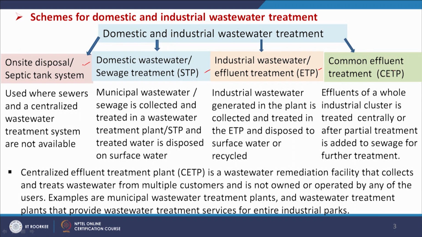If we see different schemes, then we can see that there are major 4 types of processes, that is on-site disposal or septic tank system, domestic wastewater or sewage treatment plant, and then industrial wastewater and effluent treatment plant, and then common effluent treatment plant.